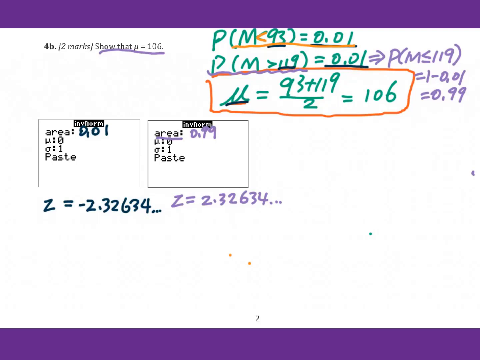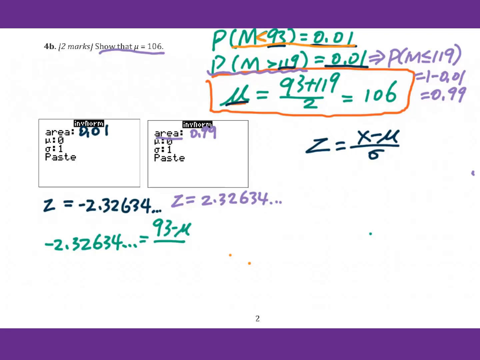Then we put these into the z-score formula, z equals x minus mu over sigma. We plug in negative 2.32634 equals (93 minus mu) over sigma, and 2.32634 equals (119 minus mu) over sigma.